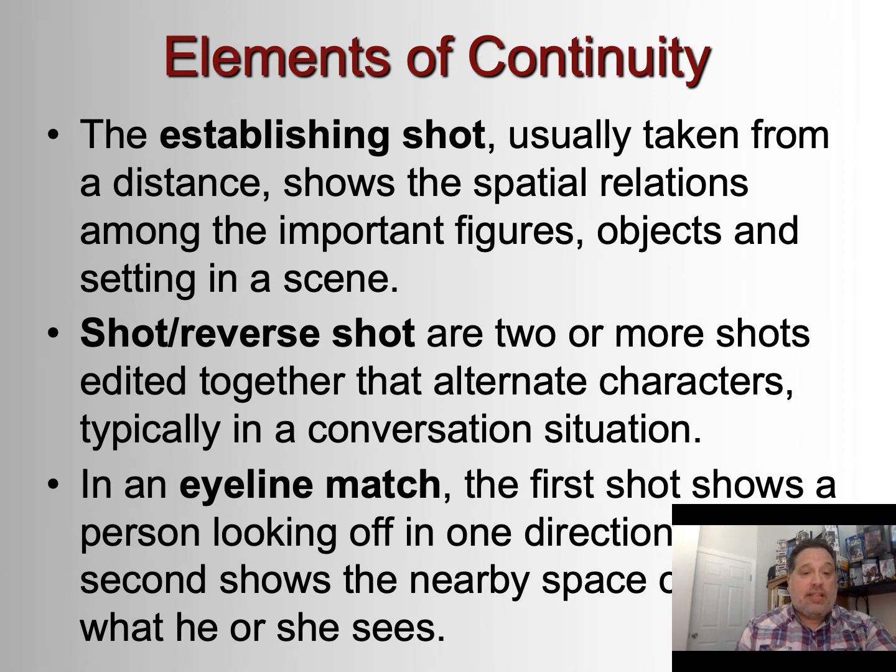So, a few specific elements of continuity. The establishing shot we already talked about, right? Usually taken from a distance, it shows the spatial relations among the important figures, objects, and setting in the scene. So we might have a scene that opens on a shot of a castle, and then the next shot is some kind of moving medium shot of a carriage crossing a drawbridge, and then the next shot is of the carriage inside the courtyard, and then the next shot is of the characters in the carriage inside the castle, right?